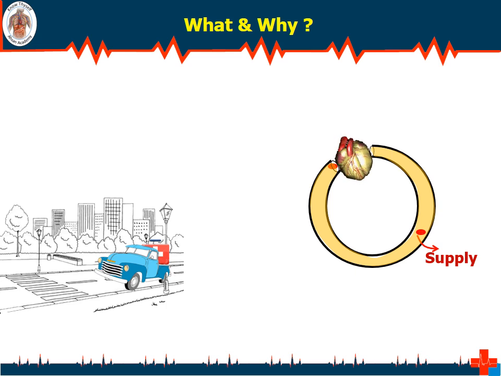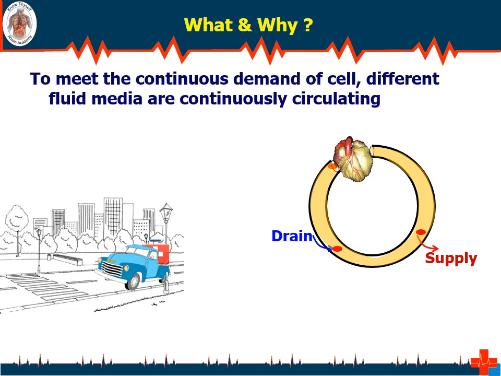Why should this circulation be there? It is to take something to a place and to carry out waste to a particular place. So this circulation will be helpful to carry required nutrition to the tissue and can drain waste product from the tissue to a place where it will be eliminated.